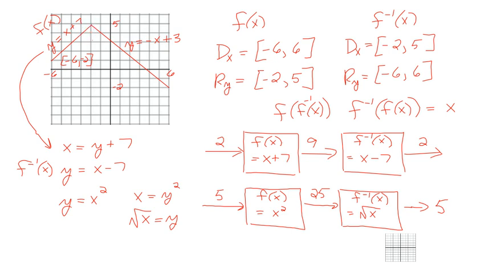And then from -2 to +6, it would be this function right here. But the thing is, that particular function that I drew there is actually a graph of an absolute value function.